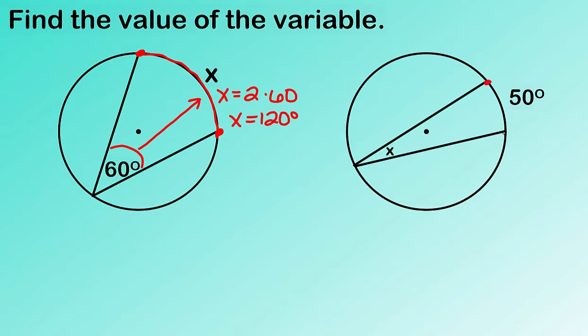Here, I know my angle is half of the intercepted arc. So I'm going to take 50 and divide it by 2. And I know that X is equal to 25.